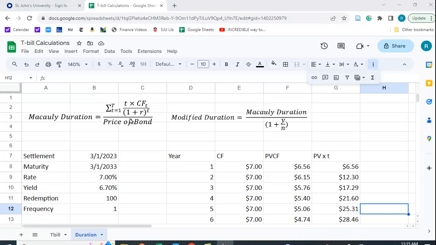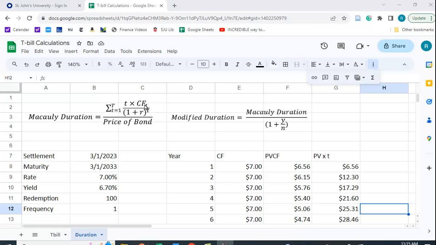Here you have the present value of cash flow in time period T divided by the price of the bond. If you summed up all these present values of cash flows from year 1 to year 10 in my example, you would get the price of the bond. So if you ignore the T, this is the fraction of the bond's price that you get in year 1.